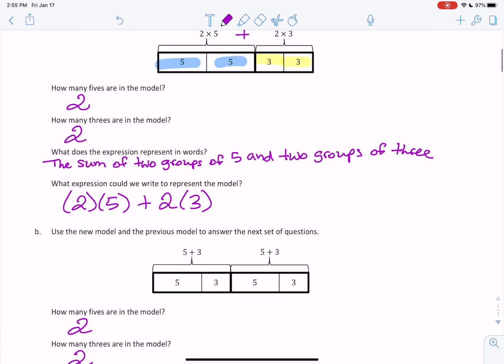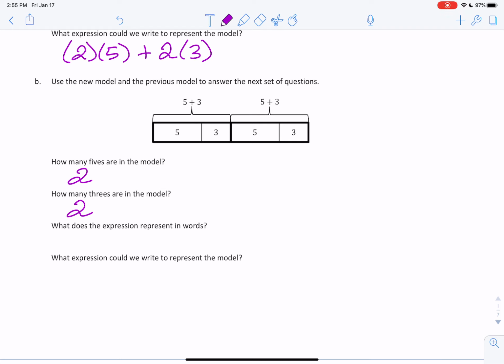In this case, we have 5 plus 3 and 5 plus 3. So in words, I would say that this is 2 groups of the sum, right? 2 groups where we're adding them together of 5 and 3.